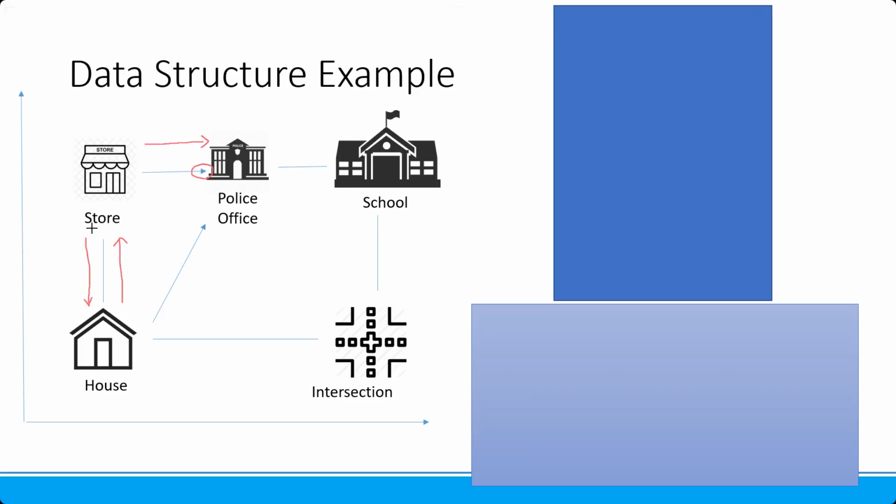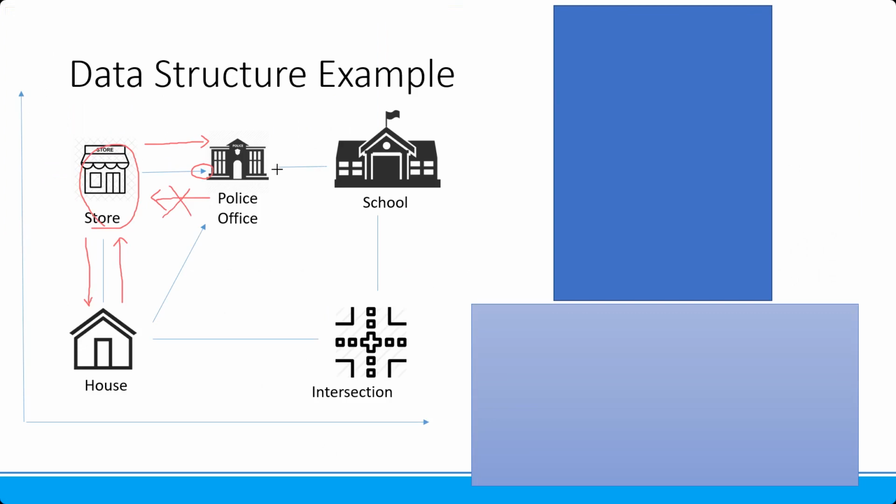So the store, if you are now in the store, you can go to police office, but you cannot go back to the store. I think if you drive, you know, Il Bandung, so only one direction.